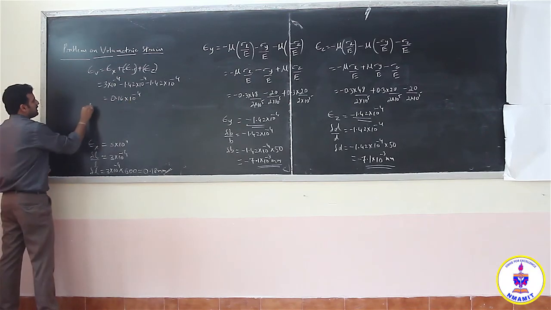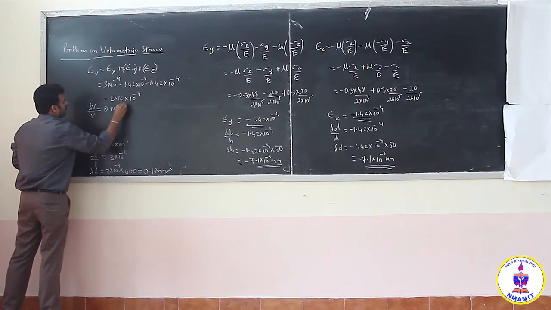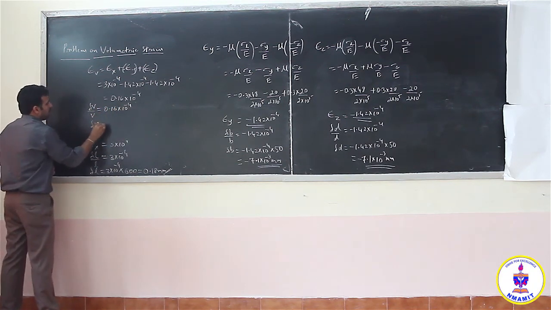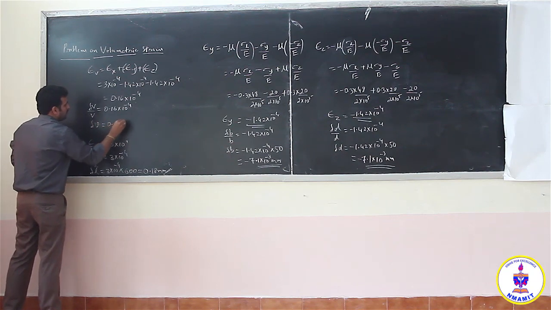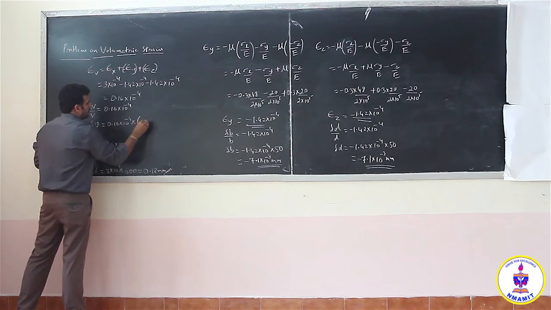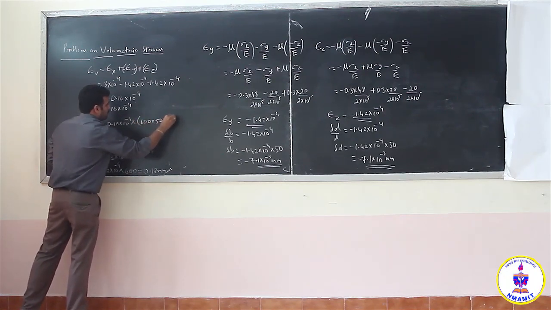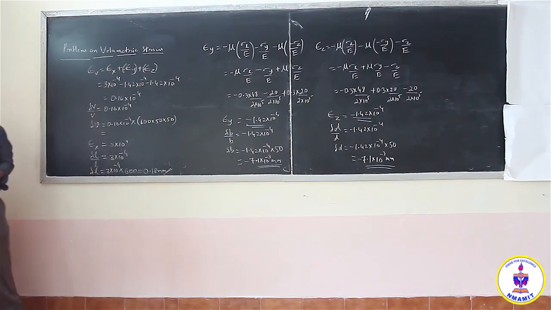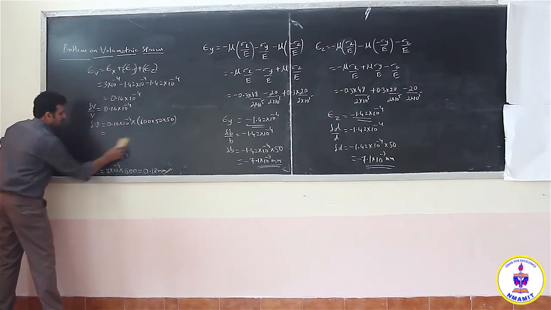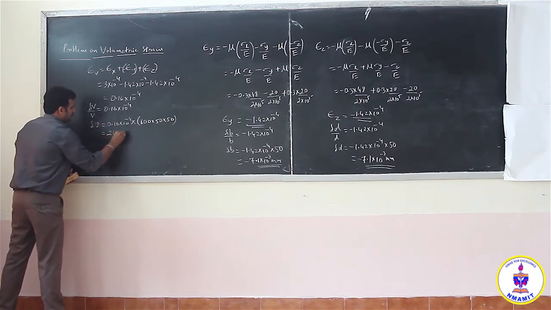Epsilon v is nothing but change in volume by original volume, 0.16 into 10 to the power of minus 4, or change in volume equals 0.16 into 10 to the power of minus 4 into volume of the block, that is 600 into 50 into 50. So change in volume comes to be approximately 24 millimeter cube.